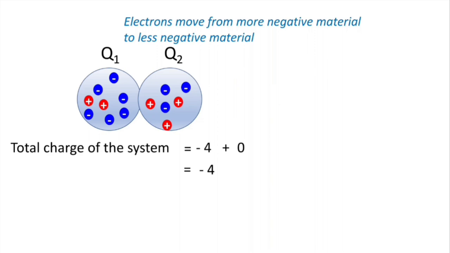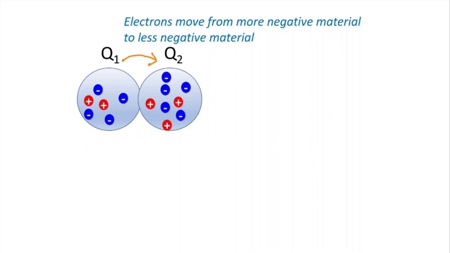So the electrons will move from Q1 to Q2 until the charge is evenly distributed. Since the charge is now evenly distributed, we can work out the new charge on each sphere by dividing the total charge by 2. So the new charge on each sphere is going to be -2.